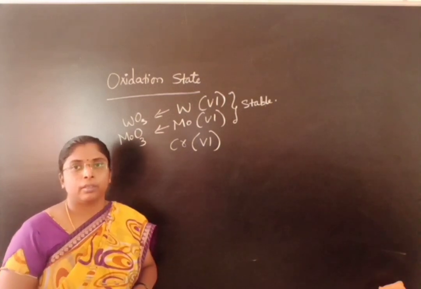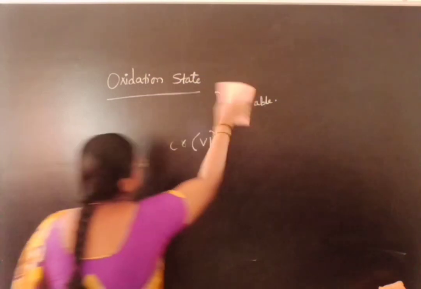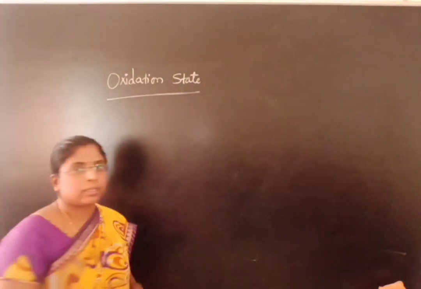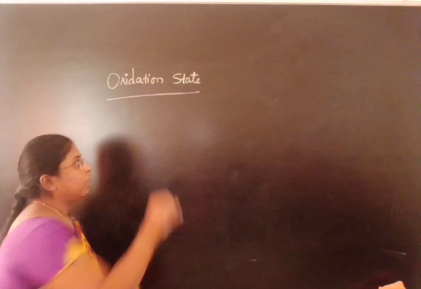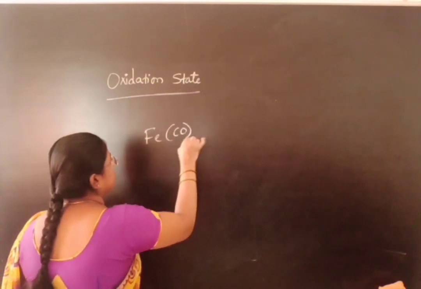The first transition elements with a low oxidation state, like iron as well as nickel, generally form complexes. Iron will form a complex, Fe(CO)5.